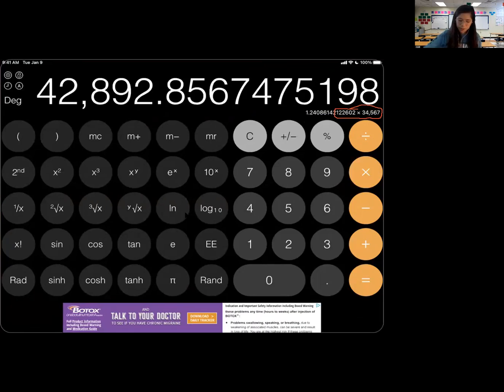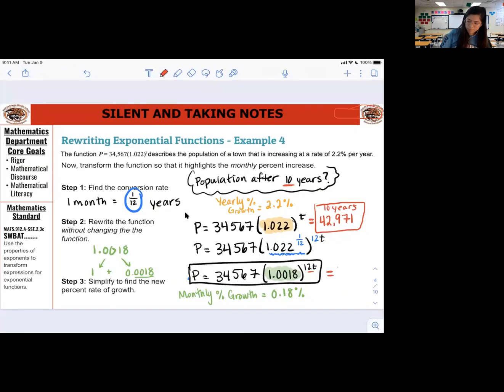That's pretty close, 42,893. That is pretty close. So no matter which function you use, since we tried our best to keep it in balance, when you plug in a number, of course, it's not going to be perfect.